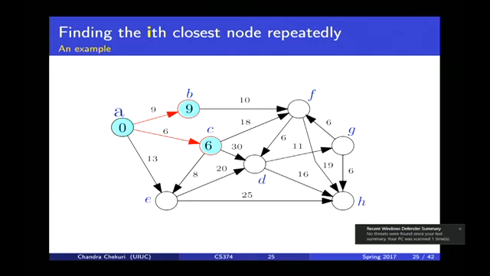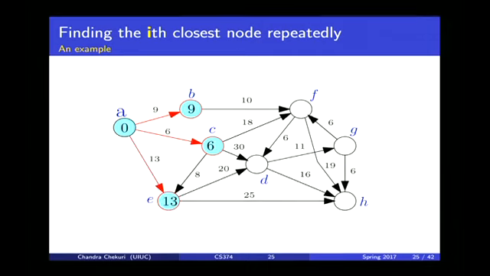But this guy is precisely the guy who will be the next guy, because we know the ith guy doesn't need anything other than the first i minus 1 guys. So I want to claim that this guy is the 1, 2, 3, fourth guy in order from the source. For this guy, the estimate must be correct.